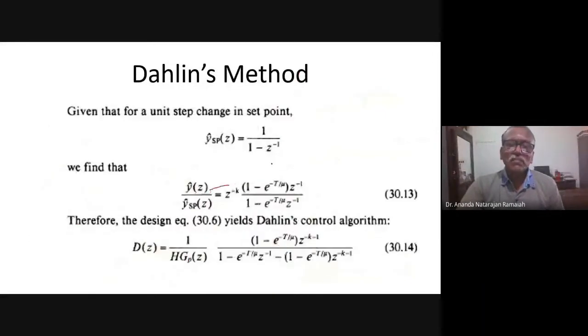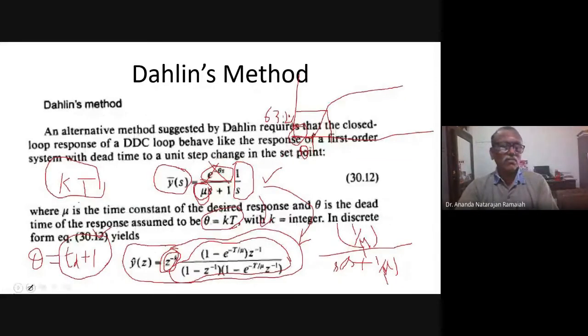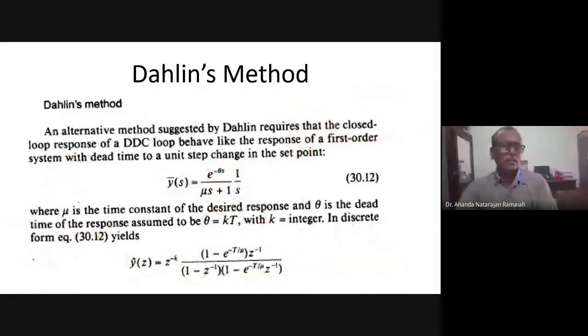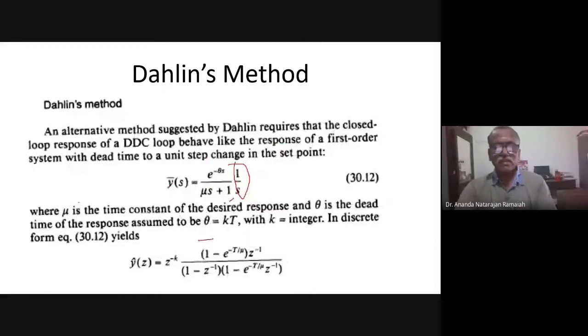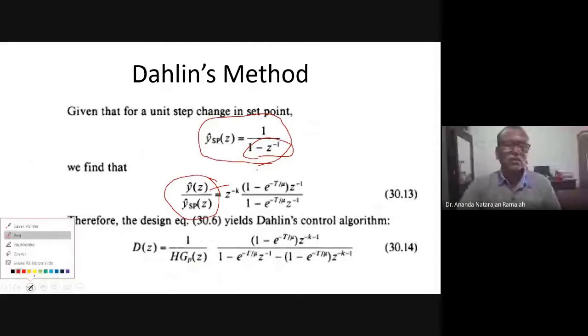So what is the set point? This is for a step input. Already we have seen the unit step input. Therefore, Y set point of z is 1 by 1 minus z power minus 1. Therefore, Y(z) by Y set point of z: that 1 minus z power minus 1 gets cancelled.